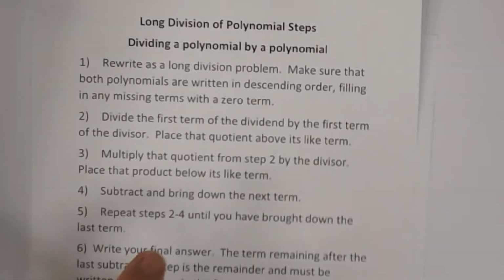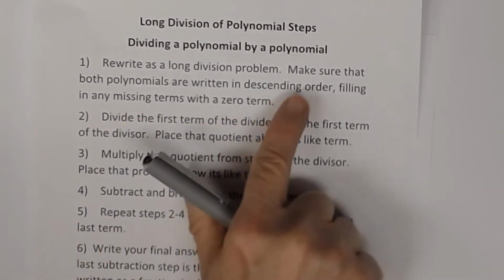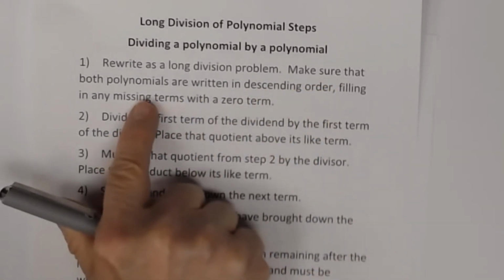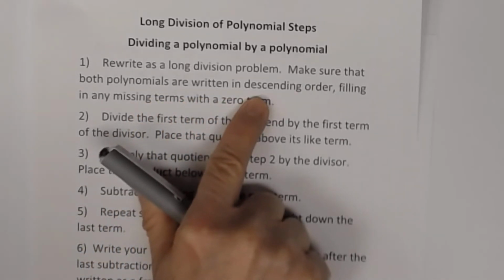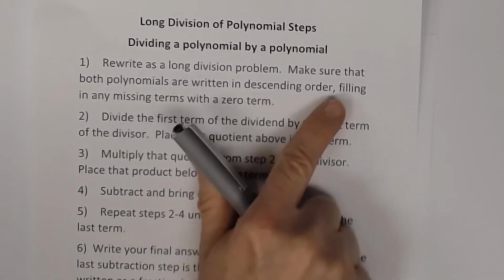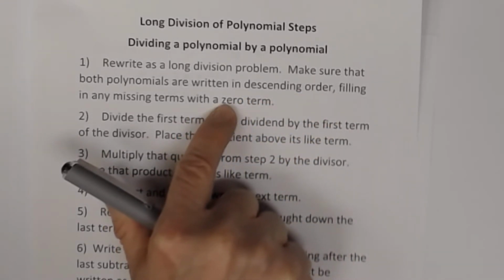Okay, so keep in mind though, still in step number 1, it says this: make sure that both polynomials are written in descending order, and you learned about descending order in previous courses. And then if there's any missing term, you're going to write it as a 0 term.